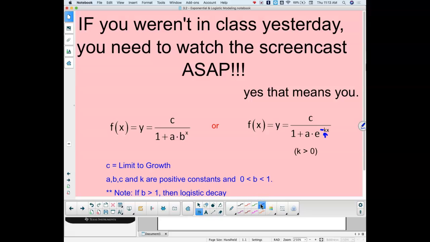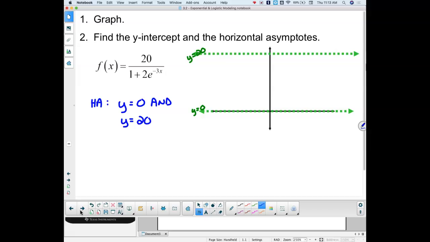There is a negative sign right there. As long as it's negative k, it makes it a growth. But it's not a b case, it's an e case. This b right here only goes to that one. There's no b in that problem. So this is a logistic growth problem.